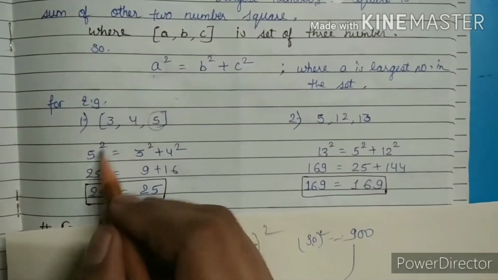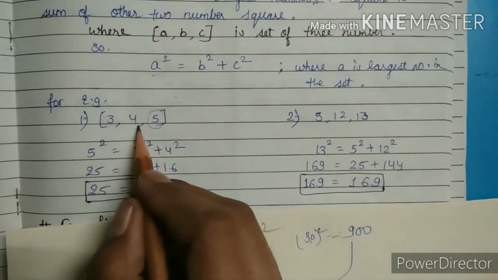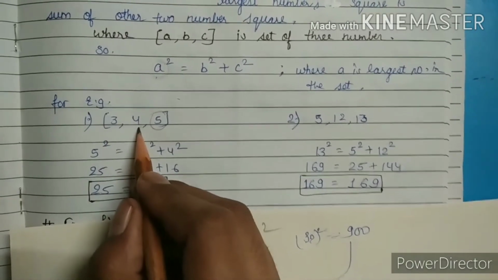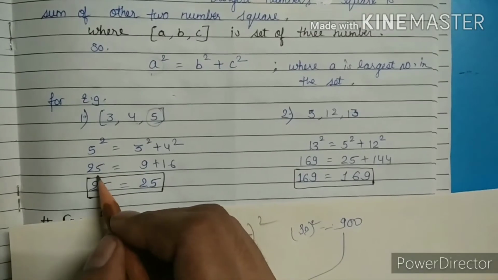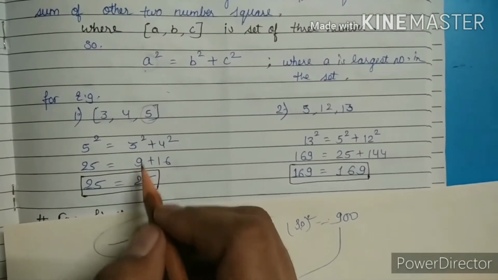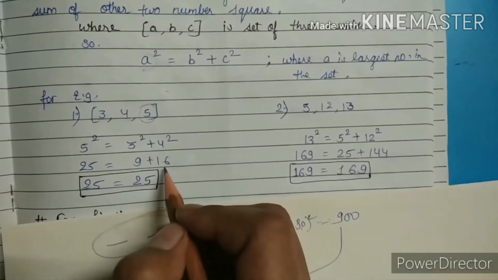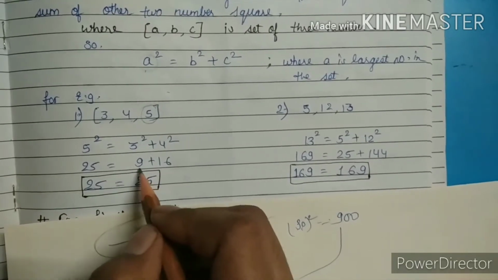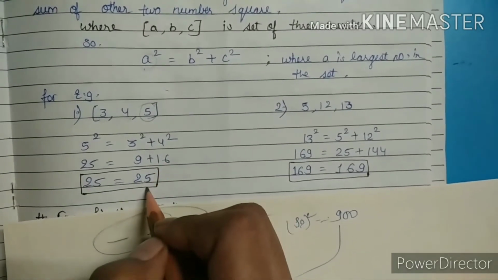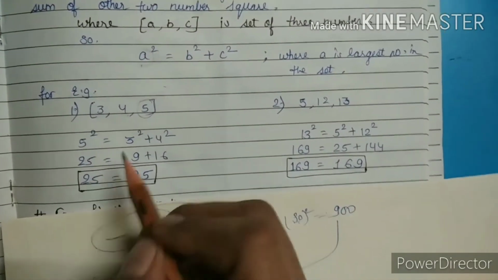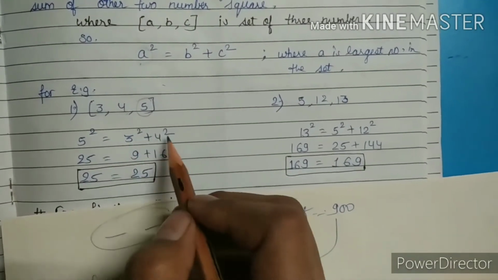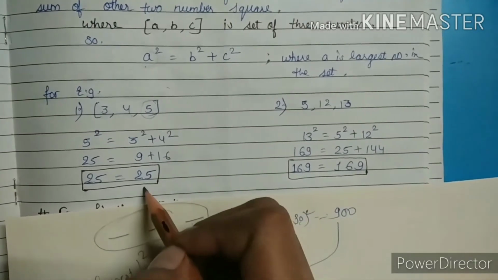So 5 square is equal to the sum of the squares of the smaller ones. So 3 square plus 4 square: 5 square is 25, equal to 3 square, which is 9, and 4 square, which is 16. After adding 9 and 16 we got 25. It means the largest number's square, 25, is equal to the sum of the squares of the smaller ones.